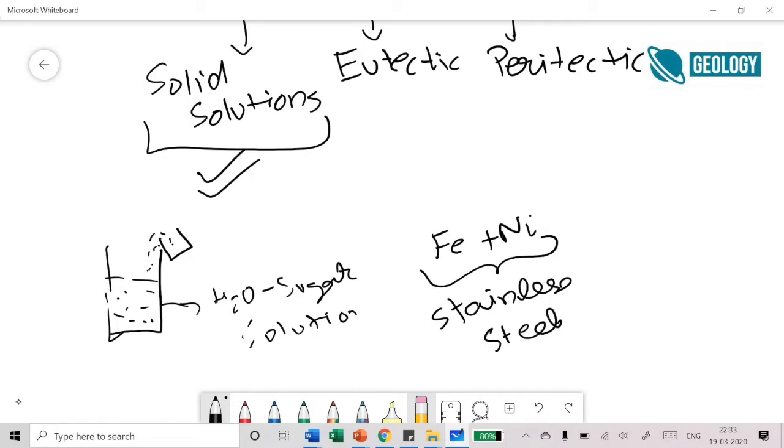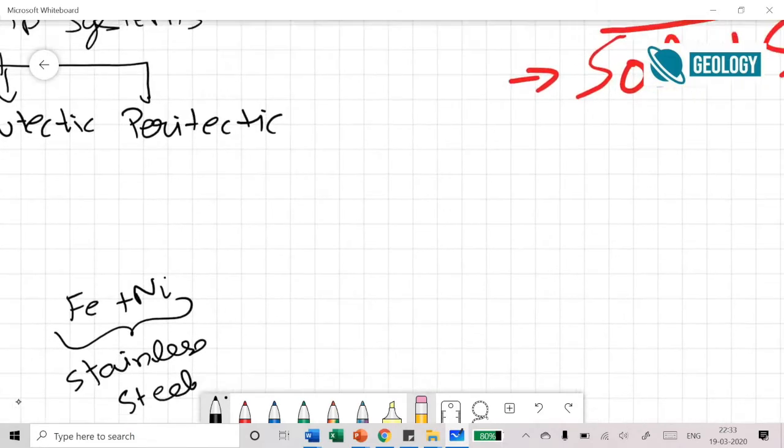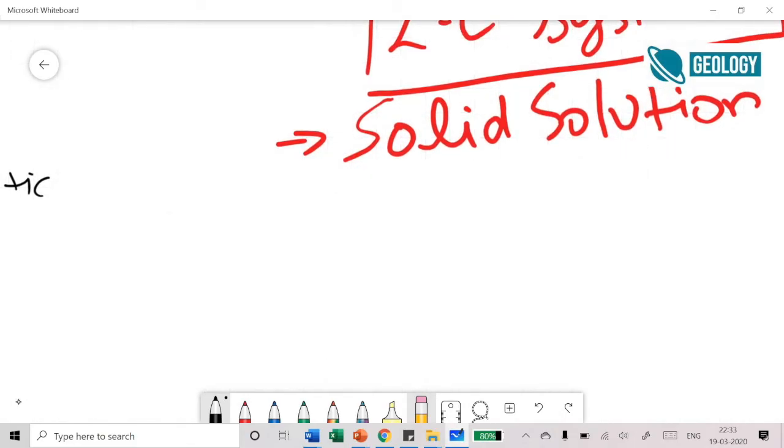But if you have, let's say, a glass of steel, and someone asks you to pick out where is nickel, where is iron, you will not be able to do it, because iron and nickel are mixing together and forming a single phase. So these sort of systems in which two chemical components combine together to form a single phase, we call them solid solutions.